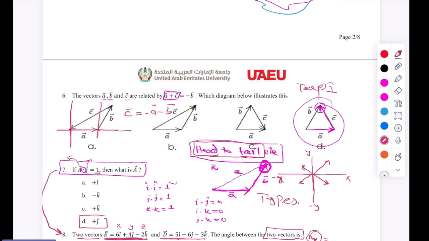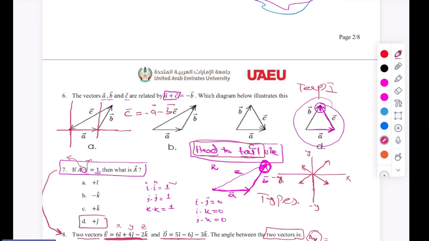Doctor, I think it's D because A plus C is in the head to tail method, but B is not. It is in the negative direction with A, like flipped. Because it's flipped, it's not head to tail. It's tail to tail or head to head. That's what makes it negative. Also, it's not A because look at the arrows.